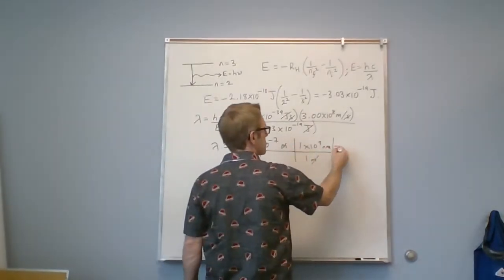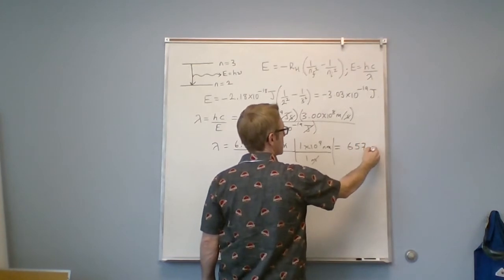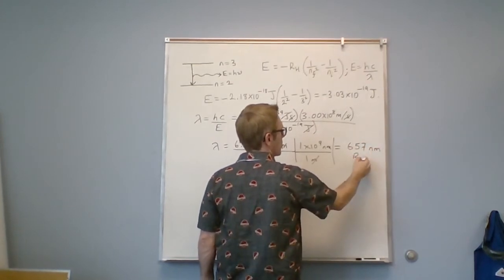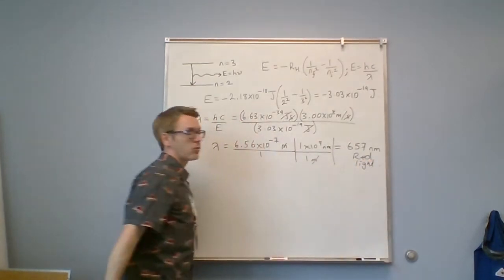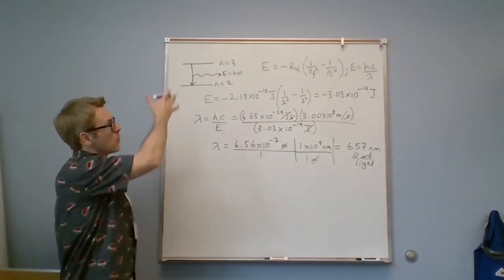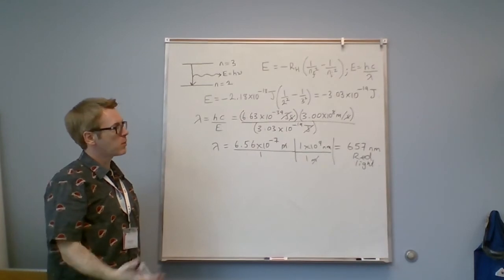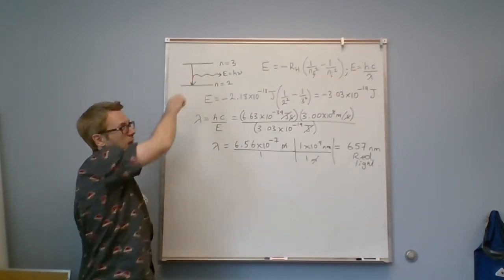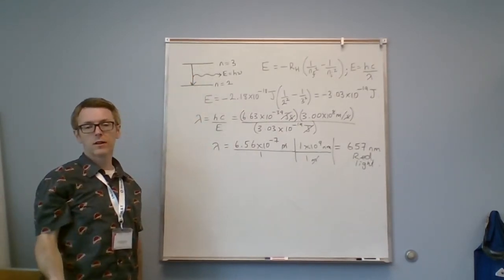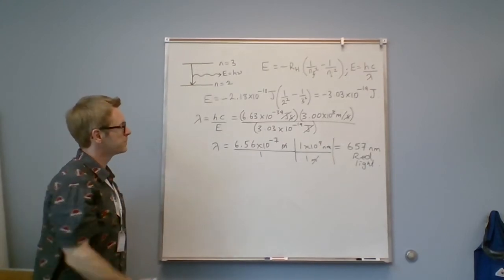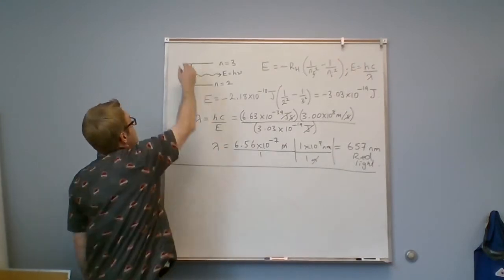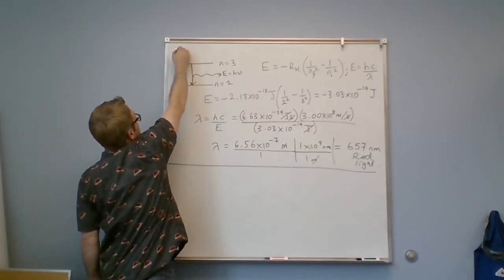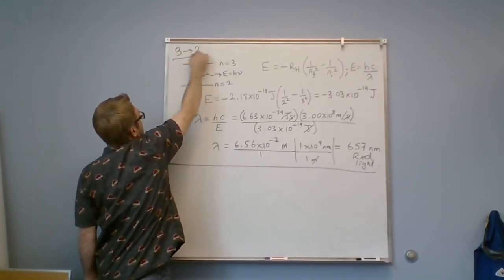Well, this gives us 657 nanometers, which is a band of red light. So we've accounted for red light production from the decay of an electron from the third orbital to the second orbital. So this was a 3-to-2 decay.